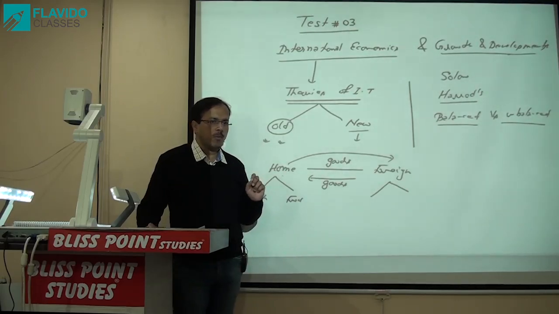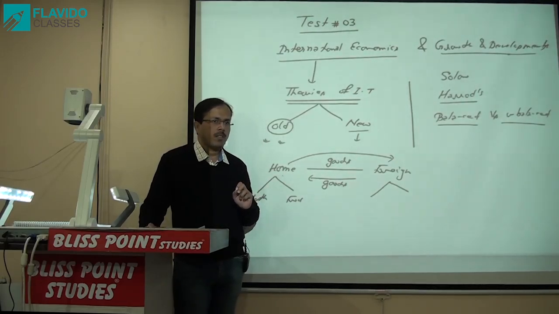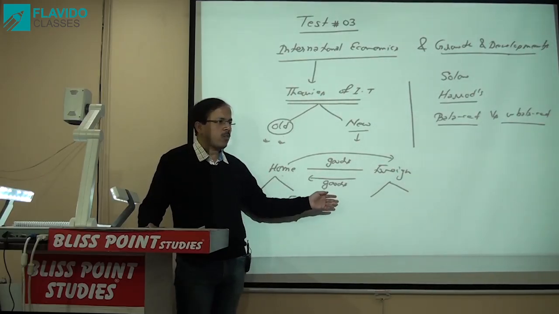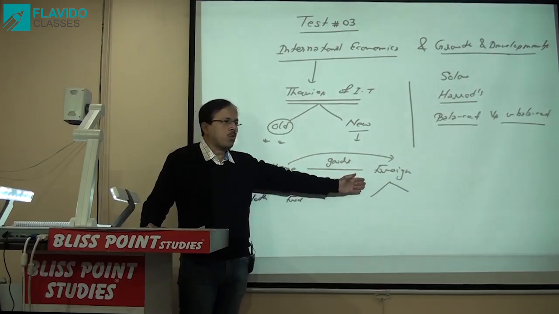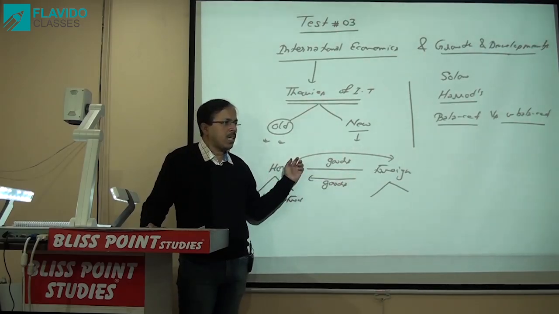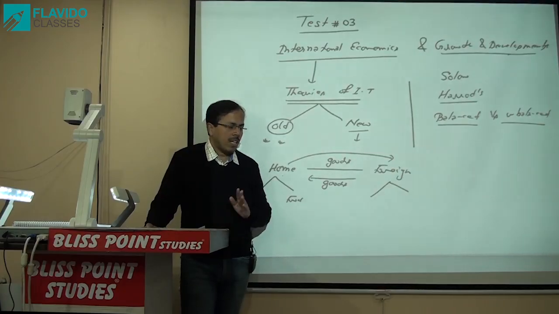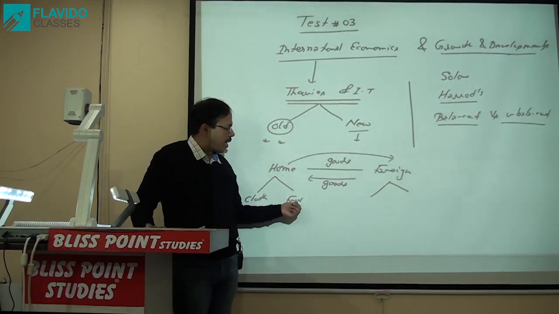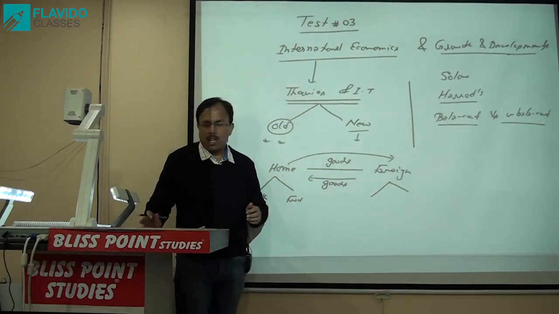Directly only goods will flow, but which good is flowing? The labor intensive good is flowing. So indirectly labor is also flowing, because ultimately labor would also have produced the good in that commodity. So rather than a flow of factors, it is basically a flow of goods.